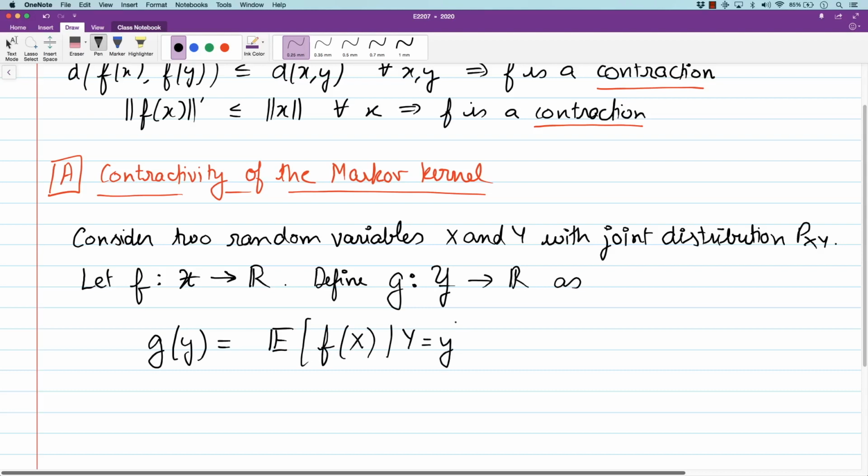I abuse the notation and write Y equal to y. So this is a random variable, and this is a realization of that random variable. That's my g of y, the conditional expectation.